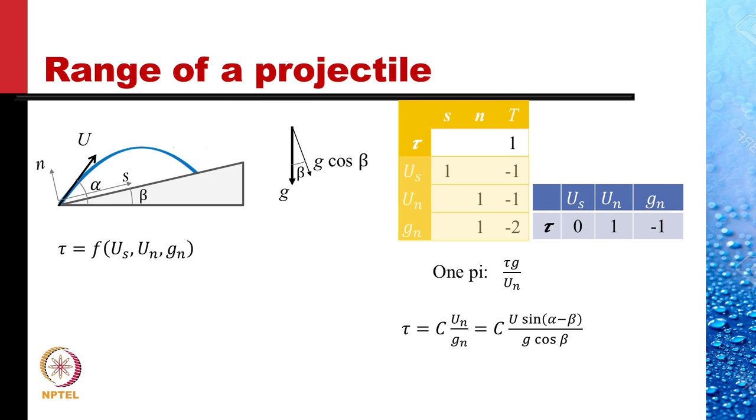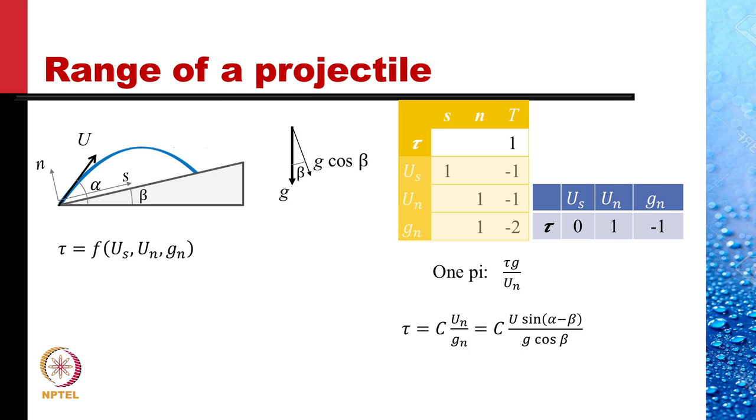For this, we use two directions, S and N. S along the plane and N normal to the plane. G is resolved into a component G cosine beta normal to the plane and G sine beta along the plane in the negative direction.